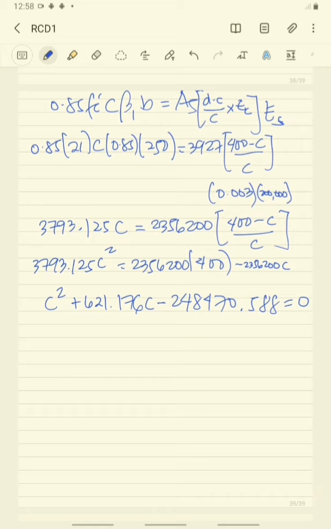You can solve it using the quadratic formula, or you can use your calculator.